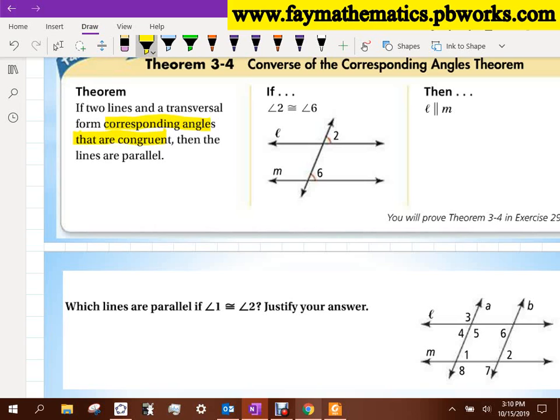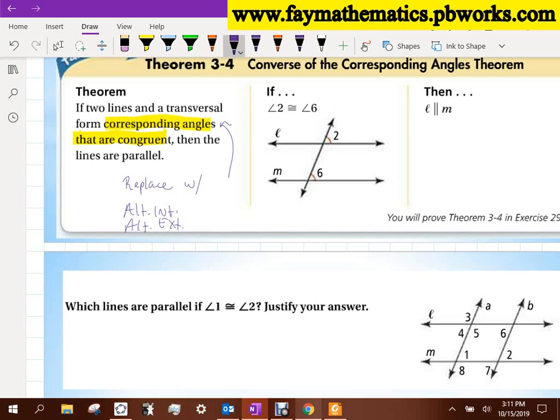So what I would do if I were you is underline what I just did and say we can interchange or replace it with alternate interior and alternate exterior, and get the same conclusion that the lines would have to be parallel.